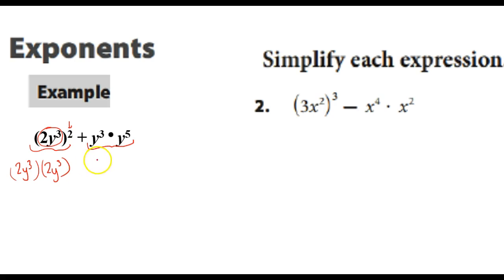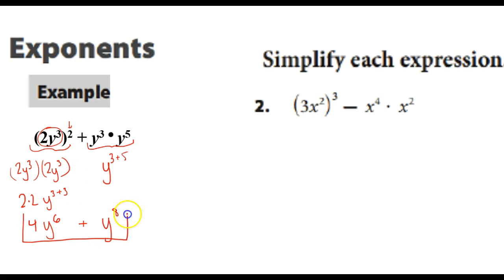Here I have my 2's that I'll multiply together, and my y to the 3rd plus y to the 3rd. 2 times 2 would be 4, and y, 3 plus 3 would be 6. The next thing we're going to do is simplify this side, so that would be y, 3 plus 5. And that would be y to the 8th. I'm going to write that plus symbol that was there at the beginning. So that would be my simplified expression. Go ahead and try out number 2.